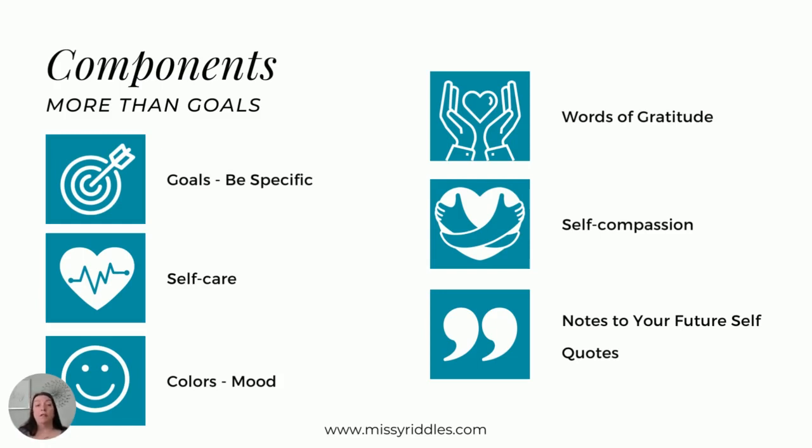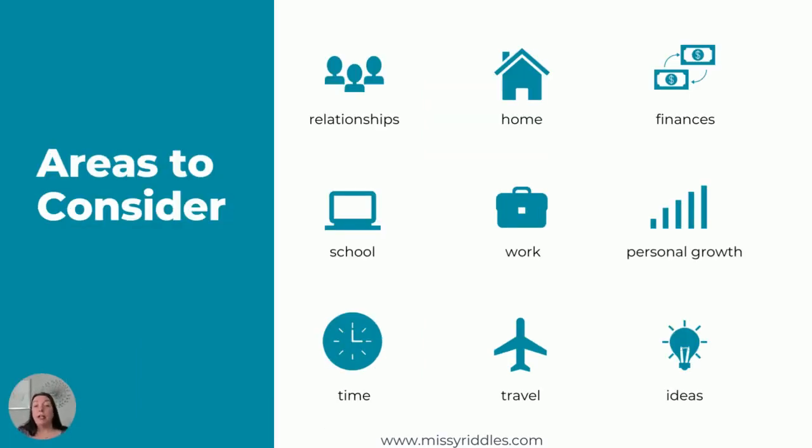So it makes sense to put it on your vision board, and maybe some notes to your future self or some quotes that you find inspiring or motivational. All of these, again, are just suggestions of components to put on your vision board, not a requirement, just food for thought. Some areas to consider. Do you have goals in relationships?